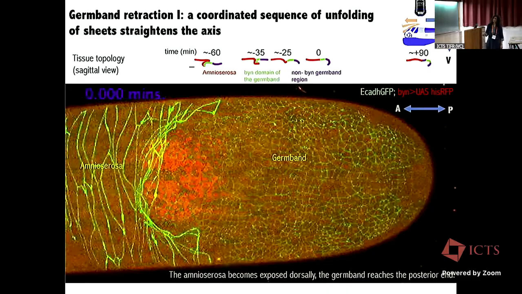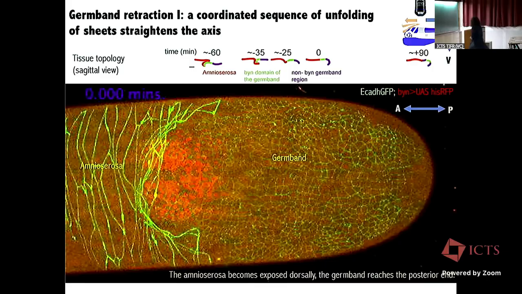I'm going to focus on this red cluster of cells here just because it's a group of cells that moves the farthest. It's like a marker for us, so we know how far it's gone.